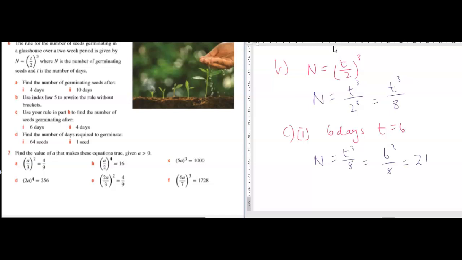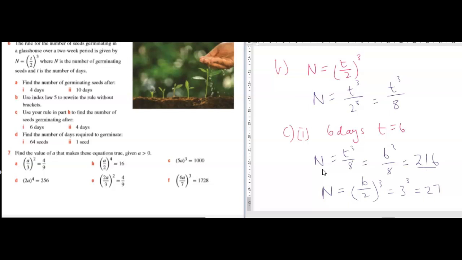But see how it would have been easier to substitute it into the previous, original equation. So if we did substitute it into the original one, we would have (6 over 2) cubed, which gives us 6 divided by 2, which is 3, 3 cubed. 3 cubed is 27, and I just realized that I hadn't finished this question off.